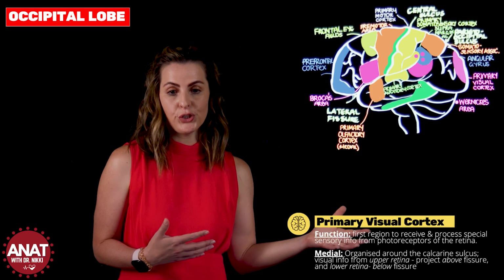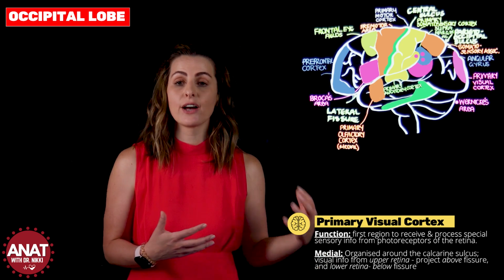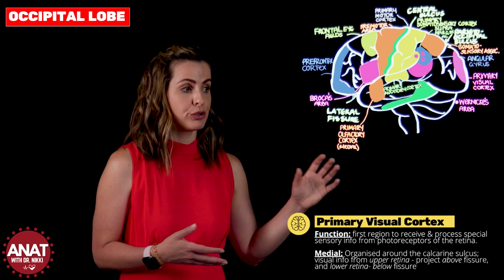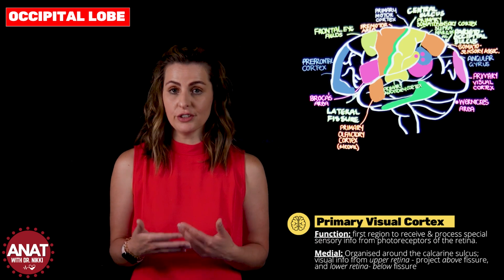On the medial view of the brain, we can see that this is organized around the calcarine sulcus or fissure, where visual information from the upper portions of the retina will project above the calcarine fissure, and information coming in from the lower portions of the retina will then project below the calcarine sulcus.